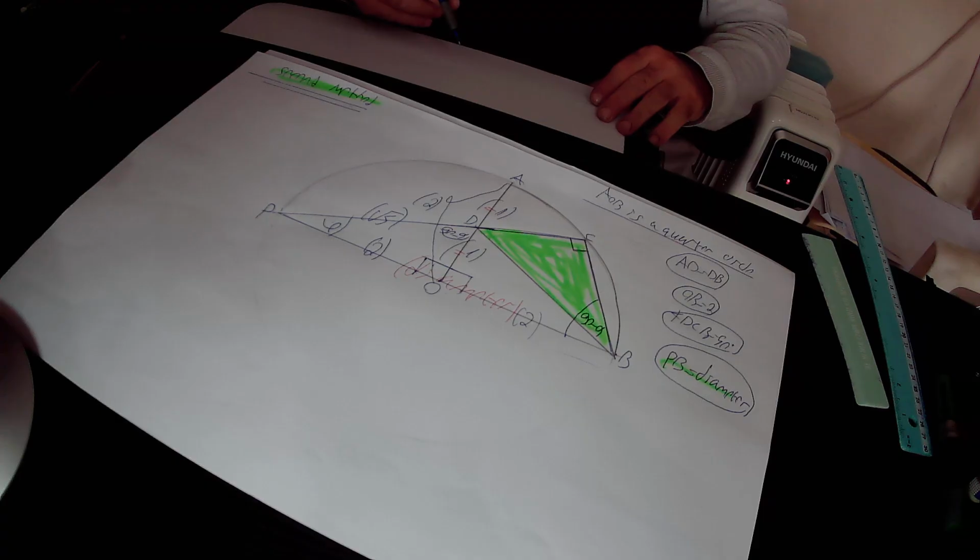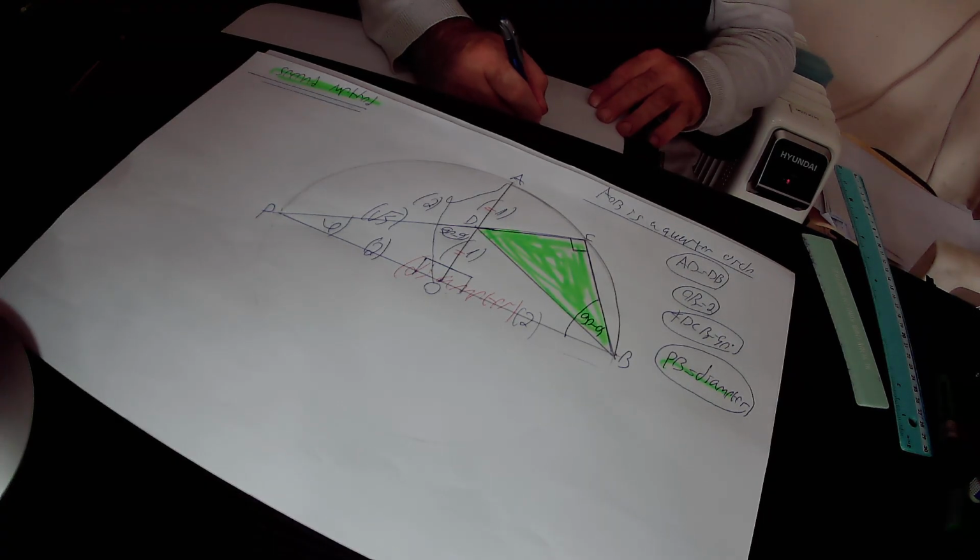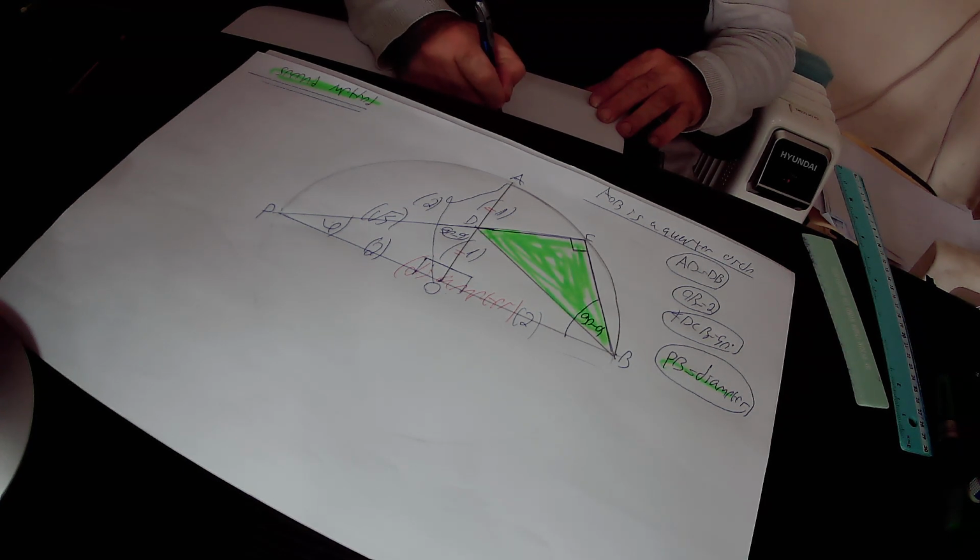So write it down. PD over PB equals DO over CB, and it is also equal to PO over PC.